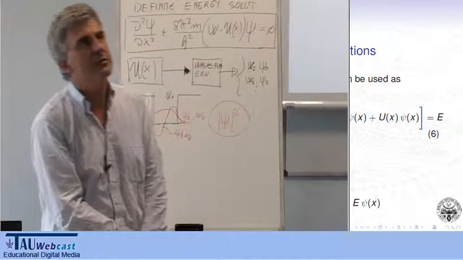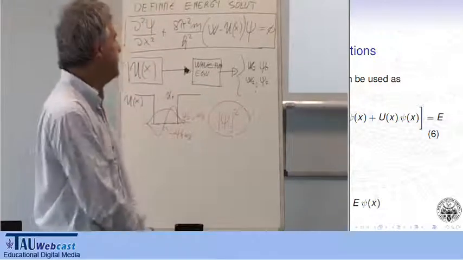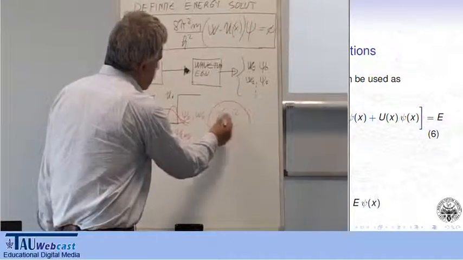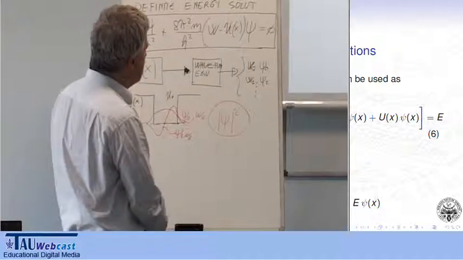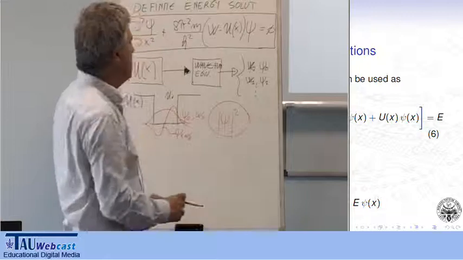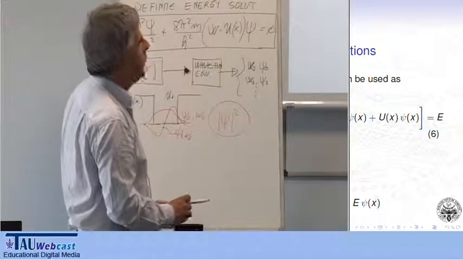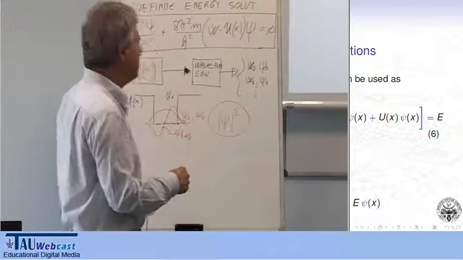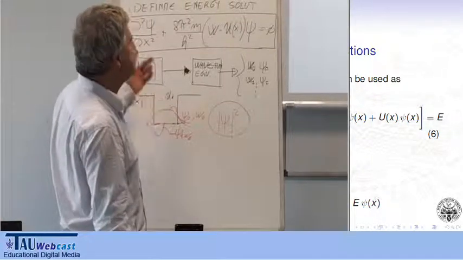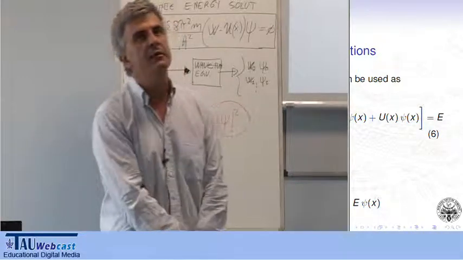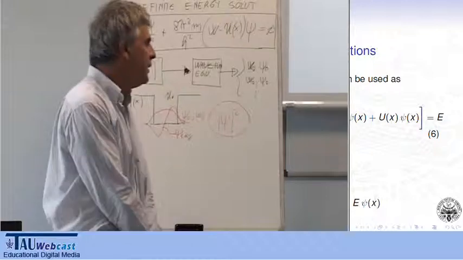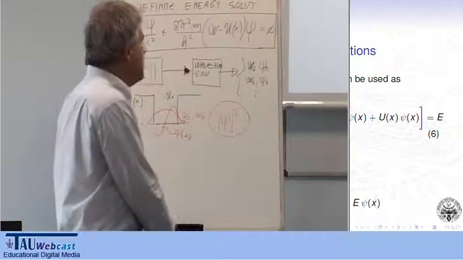So for this reason, it's called definite energy solution. If the energy is known, we can also know the waveform, and from the waveform we can define the probability. So in the case of a very simple structure, the solution of this equation is really easy. So we can solve in many interesting cases.